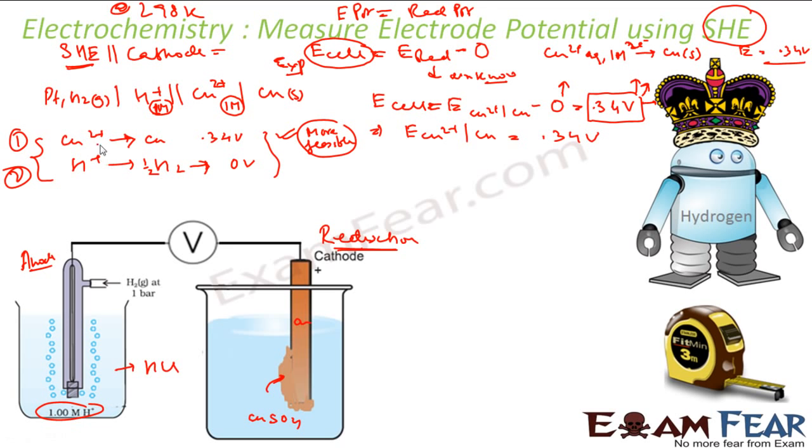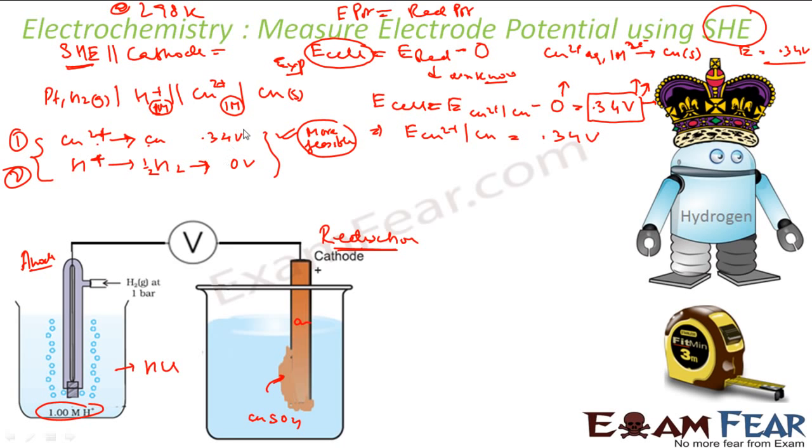That implies that copper 2 plus can easily reduce to copper if you compare this with hydrogen plus, right? If you compare H plus and Cu2 plus, out of these two, it is Cu2 plus which will get reduced, not H plus. Why? Because Cu2 plus to Cu is 0.34 volt.